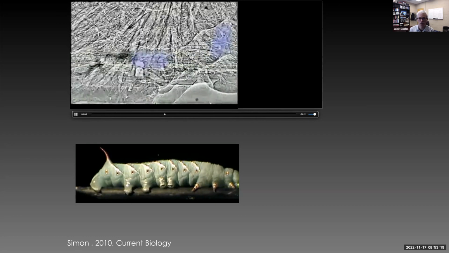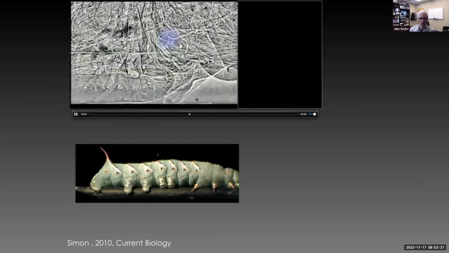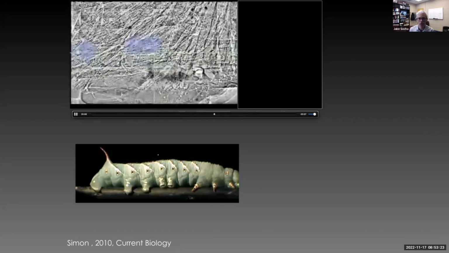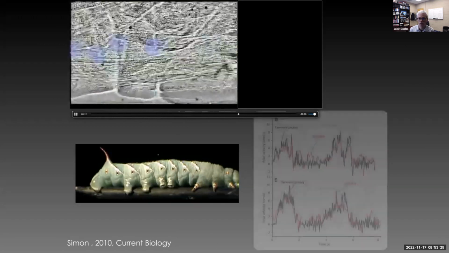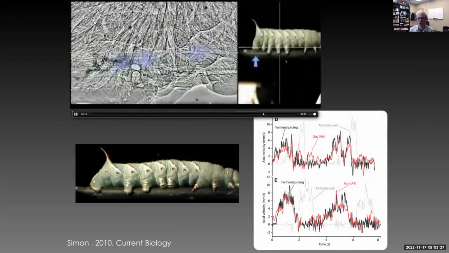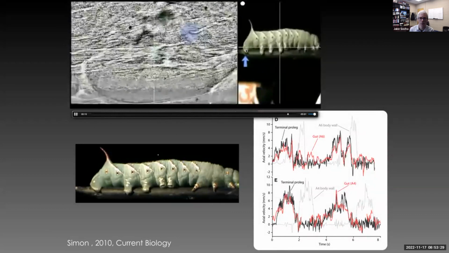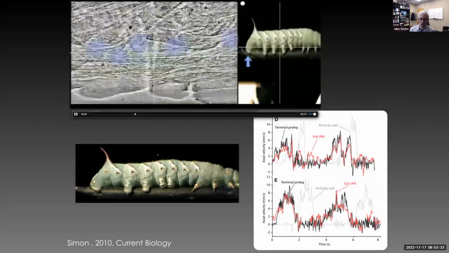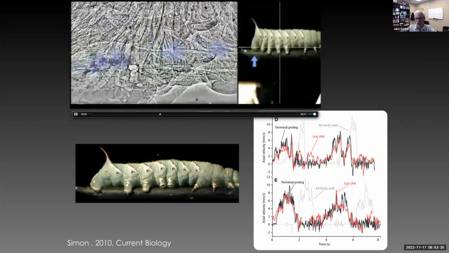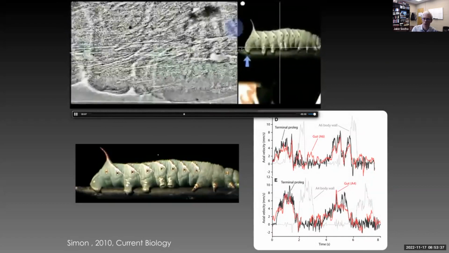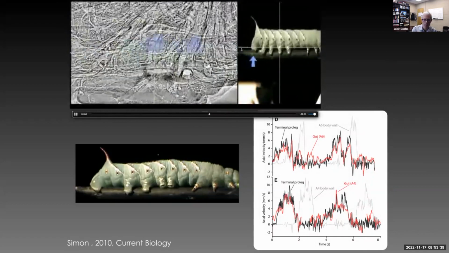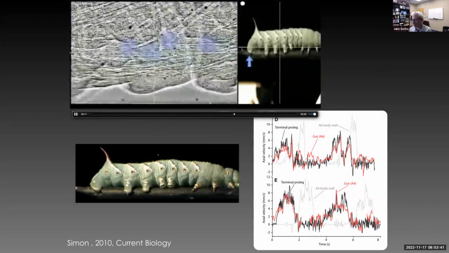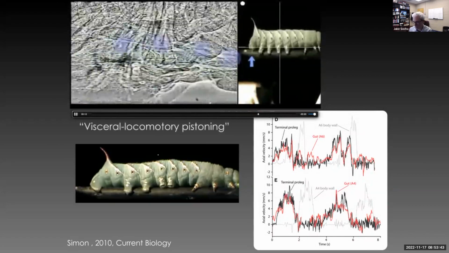The purple shows the tips of tracheal tubes, and you can see their movement. What's interesting is that they are synchronized with the back end of the animal. The back end of the animal is essentially pushing the gut forward within the animal like a gut piston. Okay, something you can only see with X-rays.